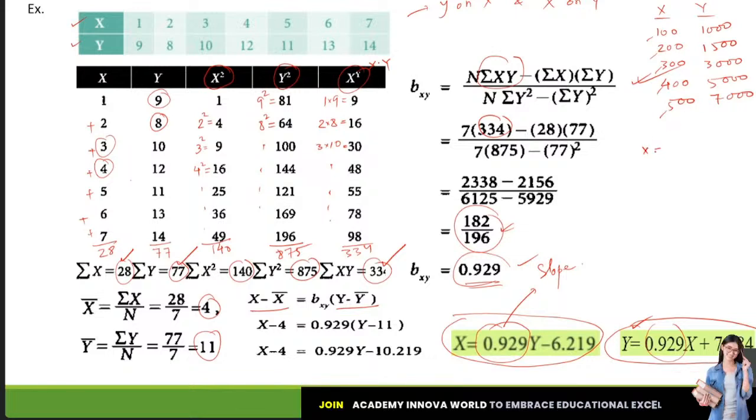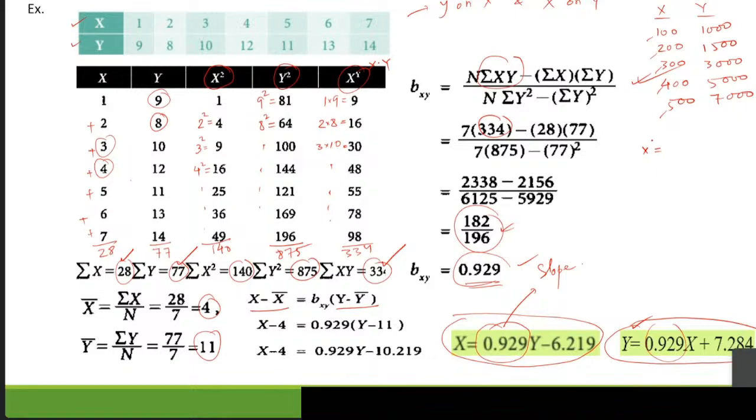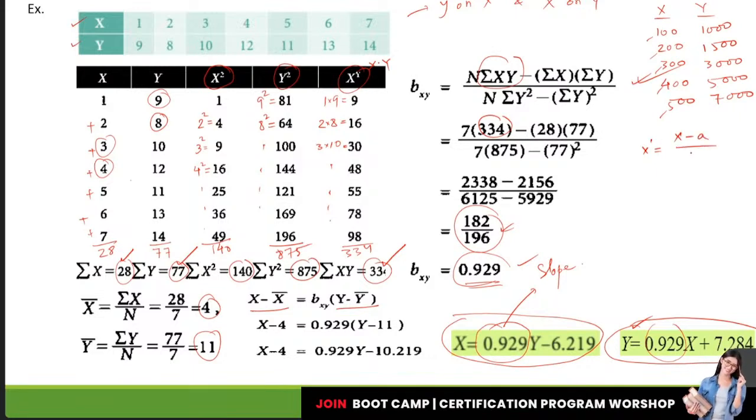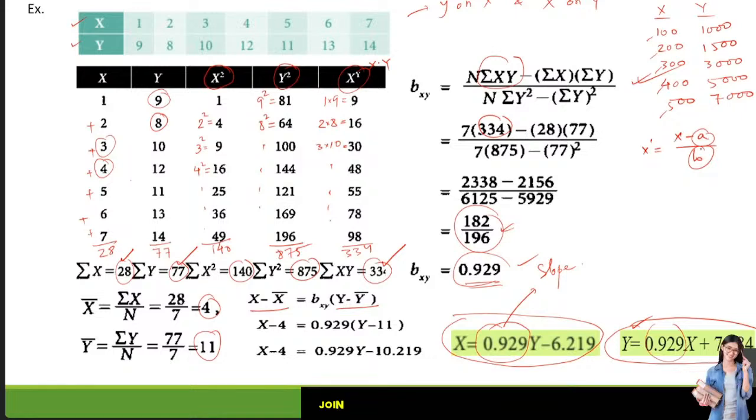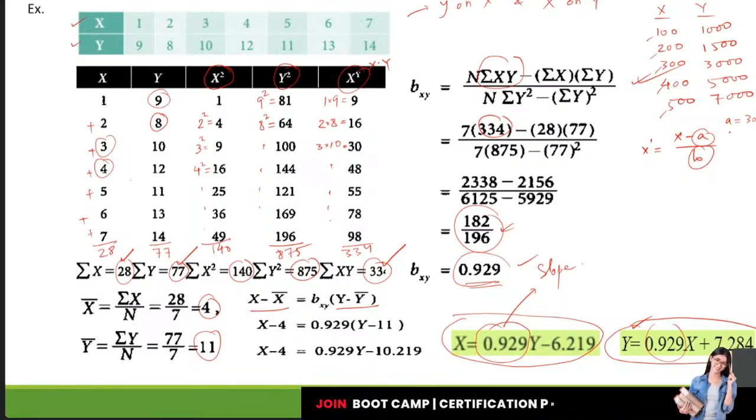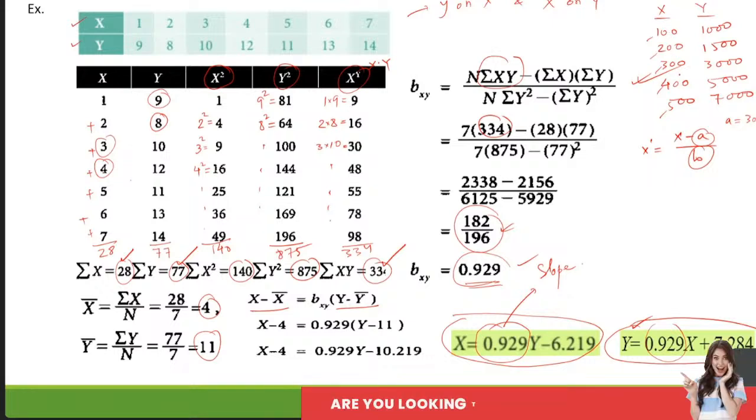That is, we can use a formula like this: x dash is equal to x minus a divided by b. The a and b values you can choose according to yourself, so that these values can be reduced. Let us suppose here we choose a equal to 300. You can choose any other value also; it doesn't mean you have to choose from the table.